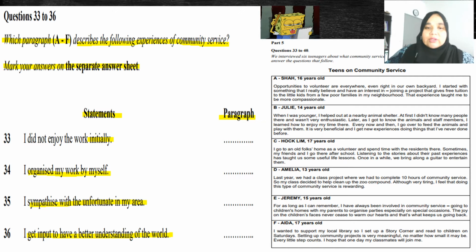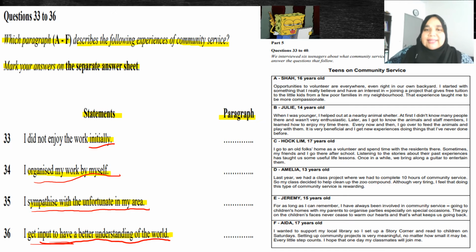So here, you need to focus on the word initially. Then question 34, I organize my work by myself. Number 35, I sympathize with the unfortunate in my area. Number 36, I get input to have a better understanding of the world.